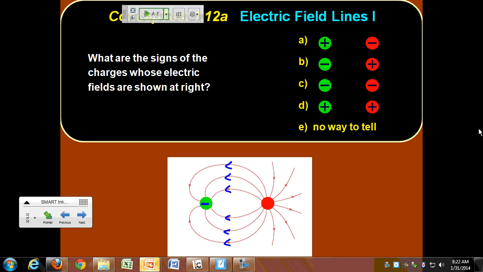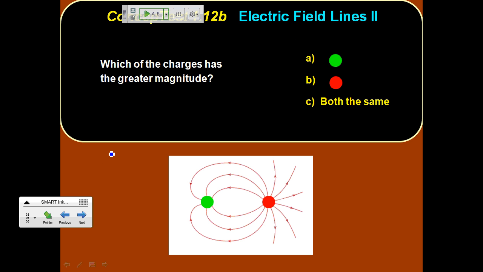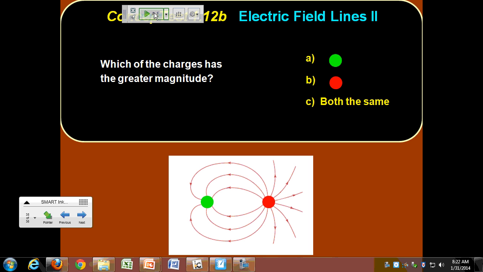Negative because they end there, positive because they originate there. This last one: which of the charges has the greater magnitude, the green or the red? Are both the same? I'll stop at 20.